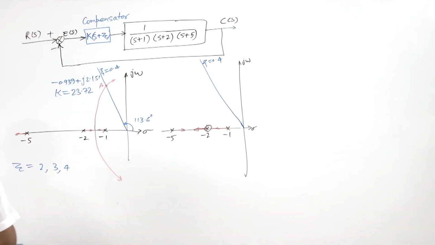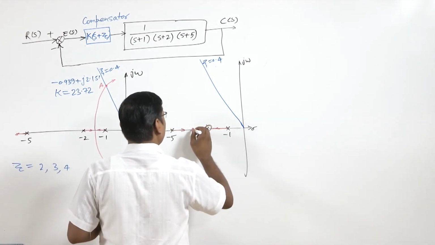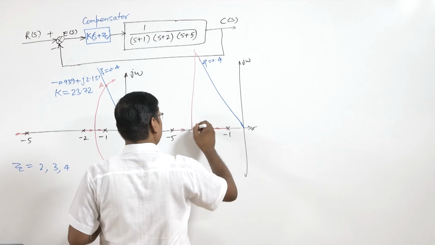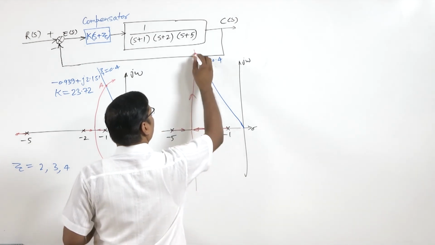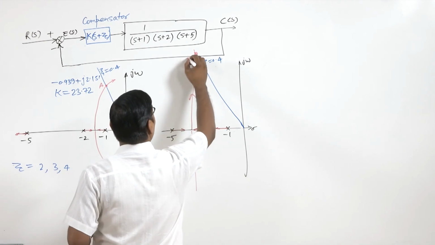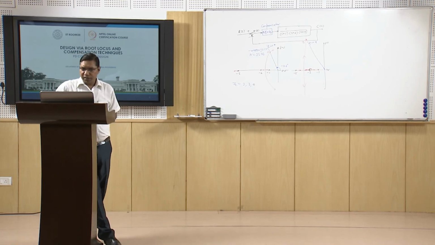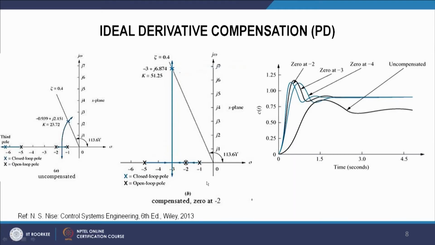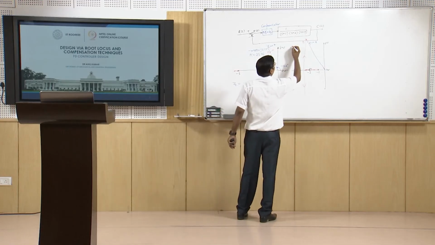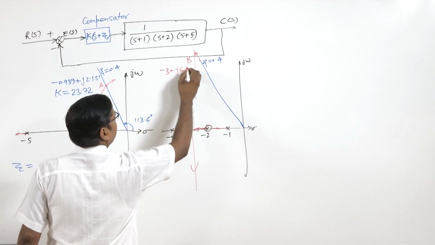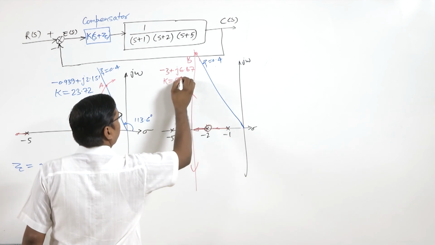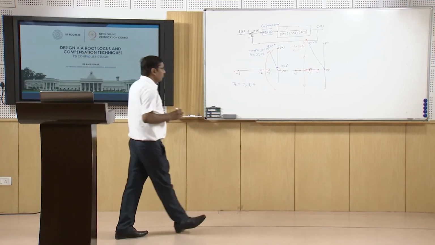This line will cut the root locus at some point, let us say B. So here we can see that with the zero at minus 2, the root locus is cutting the zeta equal to 0.4 line at minus 3 plus j 6.87 at K equal to 51.25.